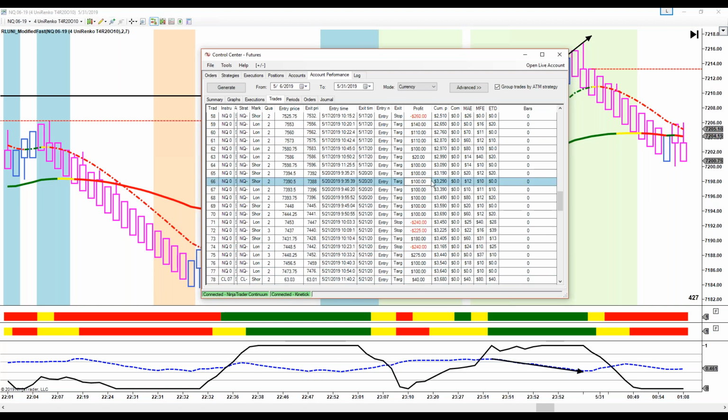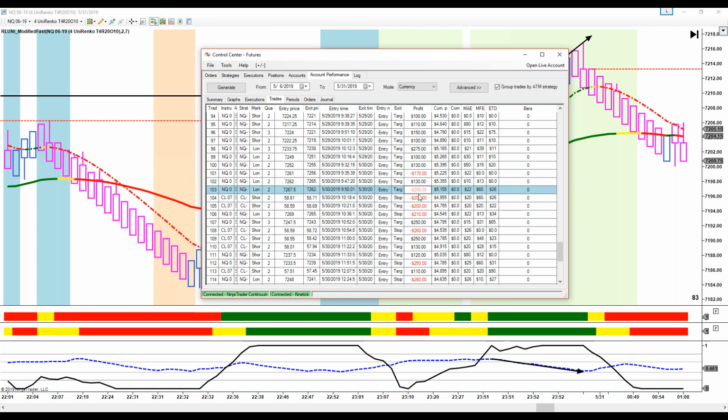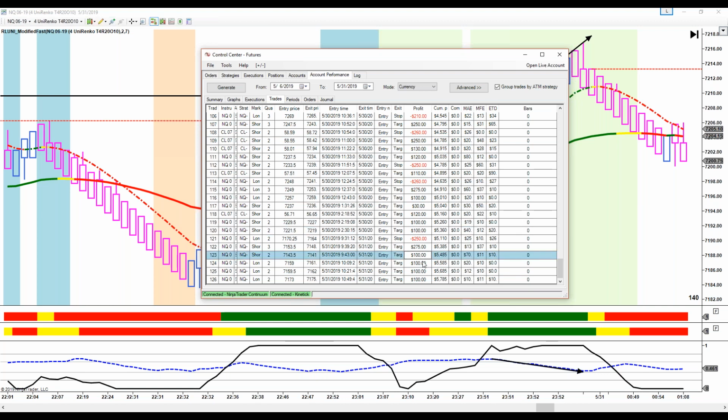Now, I picked up a couple of losers, and believe me, a lot of these were just crappy trades I took. It wasn't that the software misled me. This was the toughest I took for the month. But 100, 100, 100, 100.